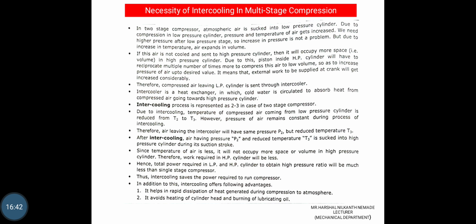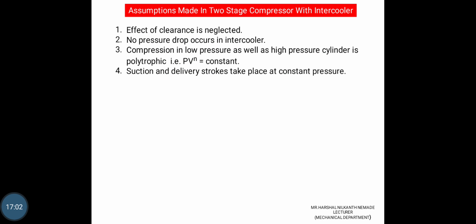Thus, the intercooler saves the power required to run the compressor. In addition, the intercooler offers the following advantages. It helps in rapid dissipation of the heat generated during compression to the atmosphere. It avoids heating of the cylinder and burning of the lubricating oil.